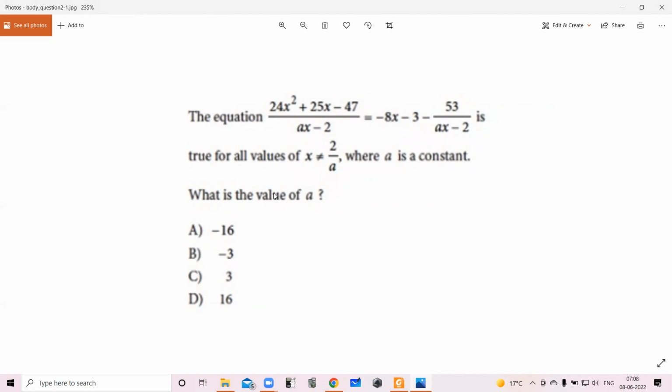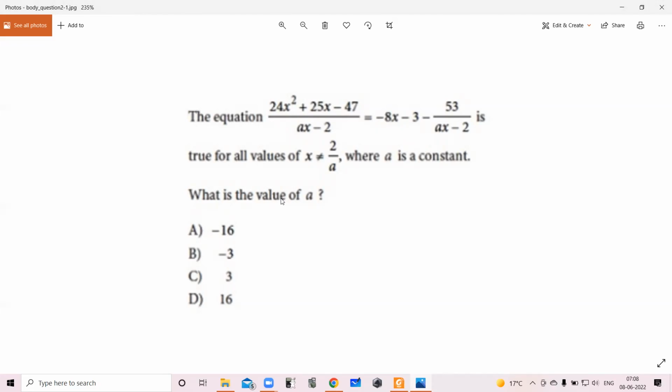The equation is true for all values of x. What's the value of a? I'm just trying to think. What I would do is make everything have a common denominator, maybe.